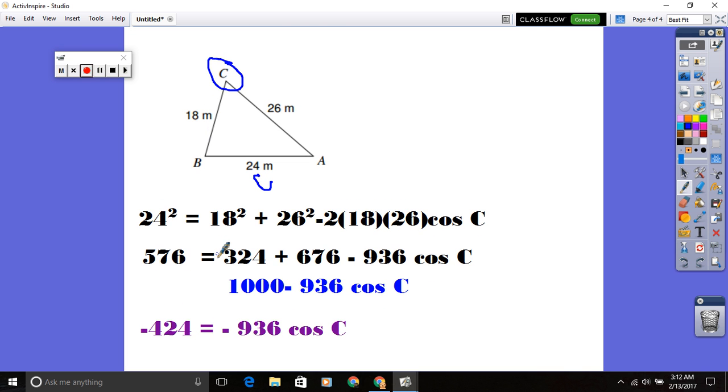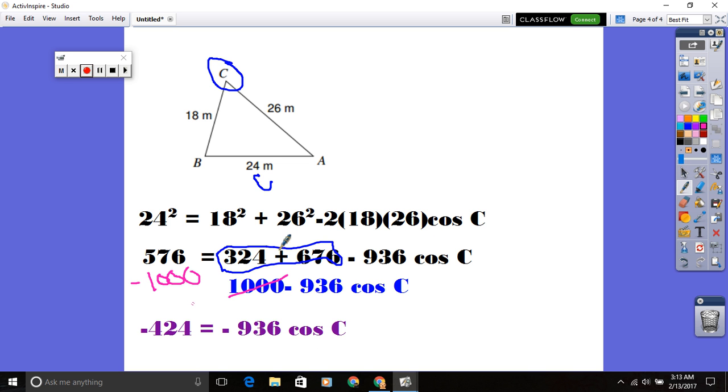I took these two terms here and combined them to get 1,000. So 1,000 minus 936 cosine C equals the 576. I then subtracted 1,000 from both sides, which cancels this, leaving me with negative 424 equals negative 936 cosine C. So I'm going to do all the math before I type it in my calculator.